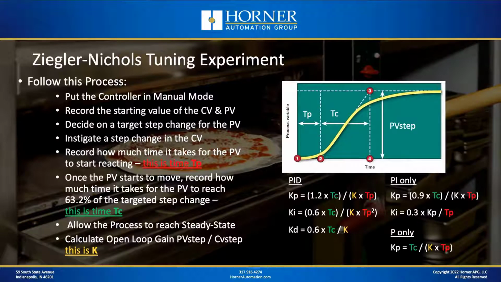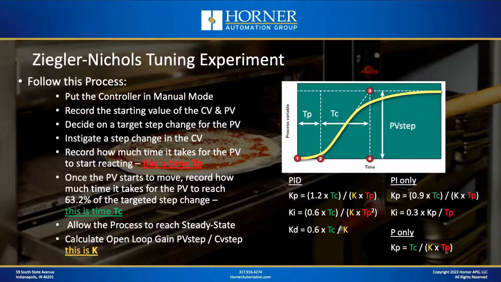Okay, so that's the manual tuning or experimental type approach. Now you can also take a mathematical type approach, okay? And that is you could take advantage of something called the Ziegler-Nichols Tuning experiment. And this is something that's been developed since the 40s, and it's being used by a lot of people today because it works relatively well in a lot of particular processes. Now, I'm not going to go into all the detail that you see on the screen there, but the bottom line is this. You're going to go through a tuning experiment, or basically let the process run with a certain procedure.